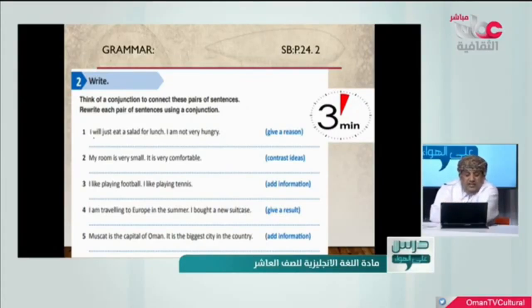Here we have 1 sentence, for example, I will just eat a salad for lunch. If you want to give a reason, what do you say to connect with the other sentence? I am not very hungry. I want you to think and make a correct sentence. Okay.